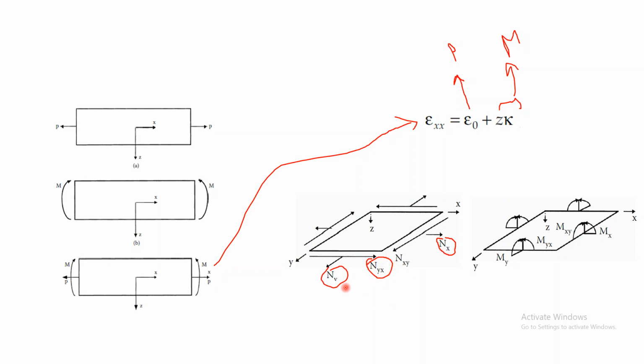So totally three forces, that is the shear force and two tensile or compressive forces, can be applied to a single lamina. And similarly, if I go for the moment case, here also three moments can be applied. One is the moment about x, moment about y, and Mxy and Myx. Okay, these are all three forces, three moments that we can apply to a lamina.